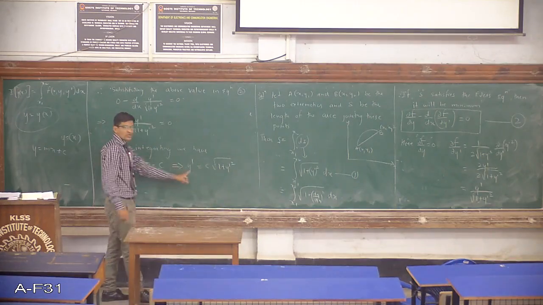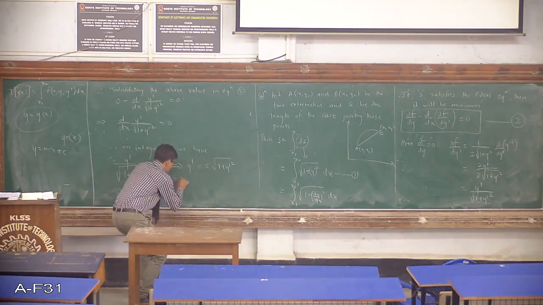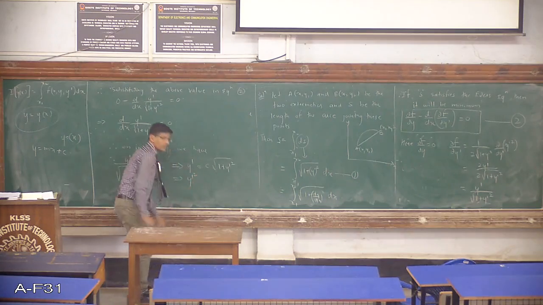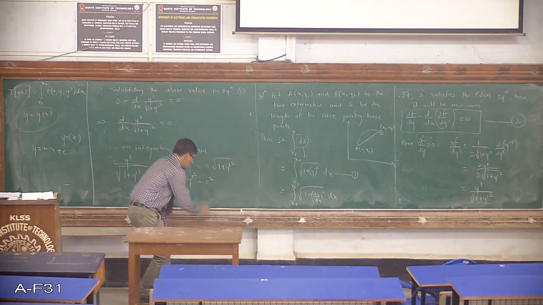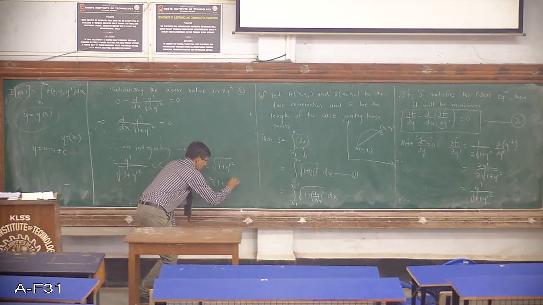Now if I square this value, y prime square is equal to c square inside the bracket 1 plus y1 square.